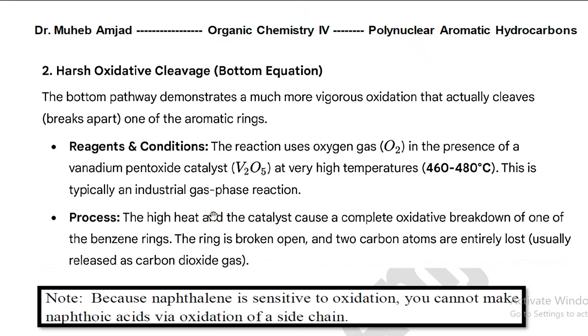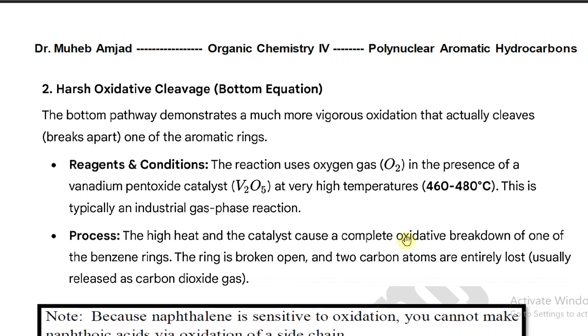So again, the process is under high temperature. The high heat and catalyst cause the complete oxidative breakdown of one of the benzene rings. The ring is broken open, and two carbon atoms are lost from the structure, usually released as carbon dioxide.